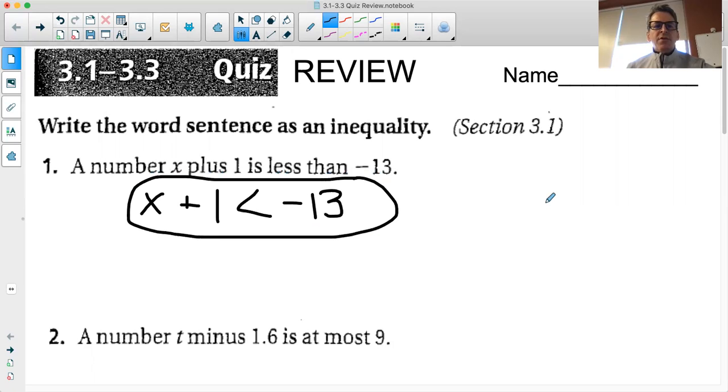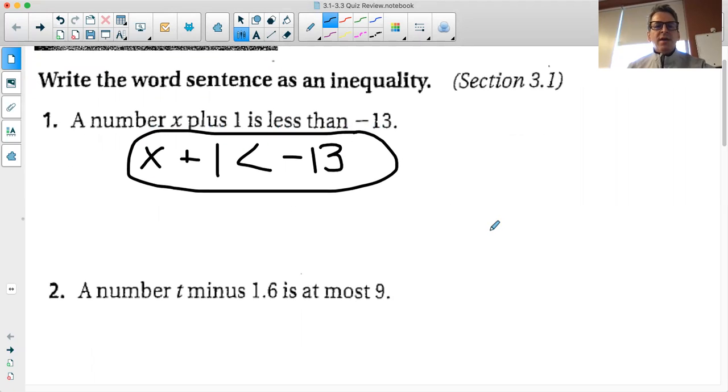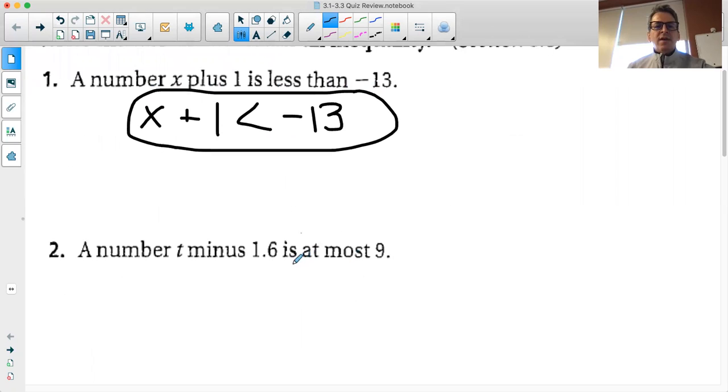Number 2, a number t minus 1.6 is at most 9. Okay, so there's that key word here, is at most. And if you're looking at 9, okay, so it's going to be is at most 9. So it's got to be less than, or it could be equal to.